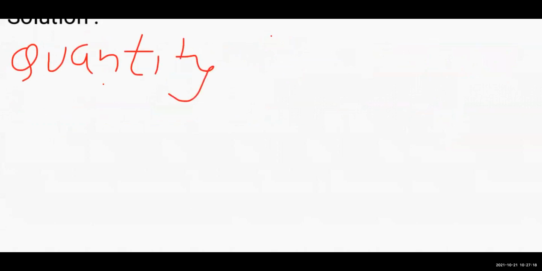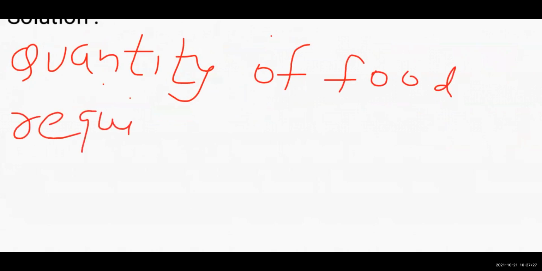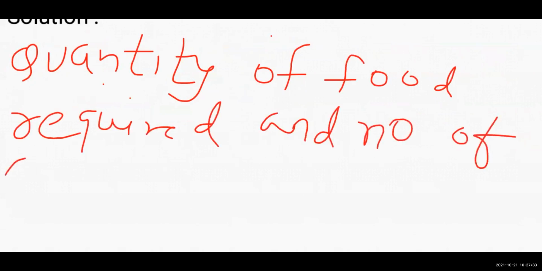The second statement is quantity of food required and number of cows, ये दोनों क्या है?